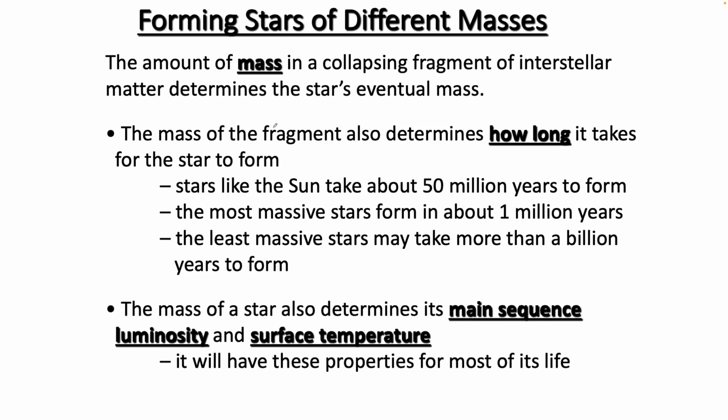So the smaller the mass of this protostar or the pre-main sequence star, the longer it takes to form. To form means to enter into the main sequence by starting this process of burning hydrogen into helium, the nuclear fusion reactions, right?